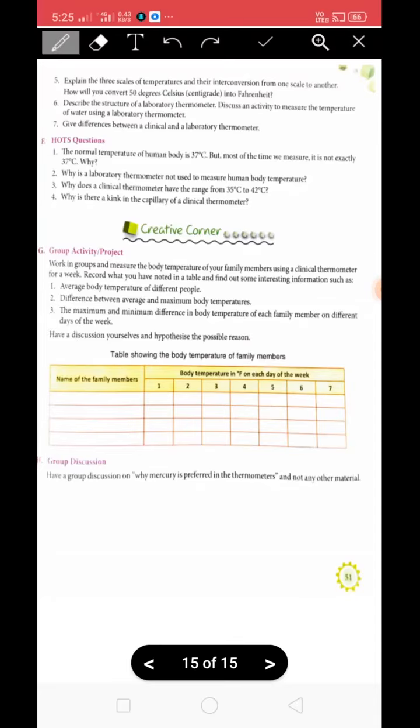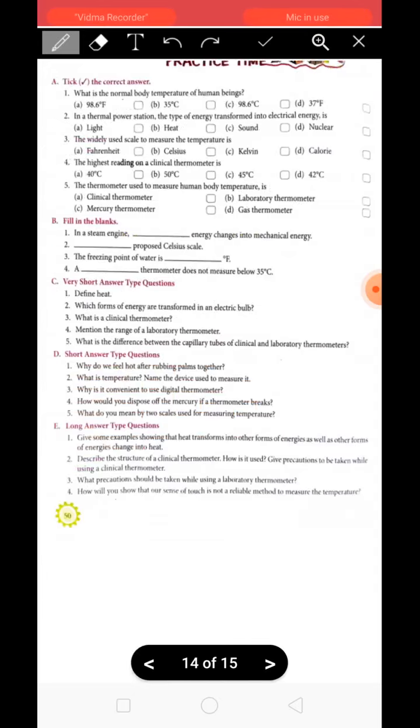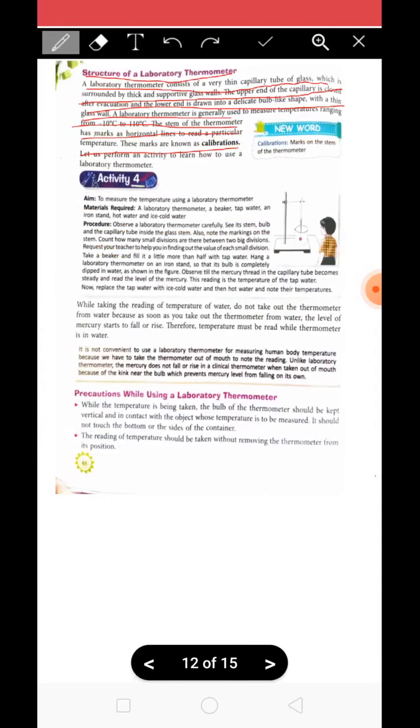Question number 6. Describe the structure of laboratory thermometer. Discuss an activity to measure the temperature of water using laboratory thermometer. For that you need to move to page number 48. Over here, the structure of laboratory thermometer is given. A laboratory thermometer consists of a very thin capillary tube of glass which is surrounded by a thick supportive glass wall. The upper end of the capillary is closed after evacuation, and the lower end is drawn into a delicate bulb-like shape with a thin glass wall.